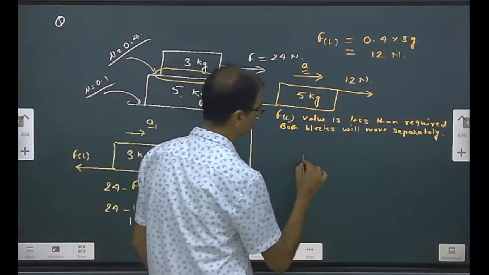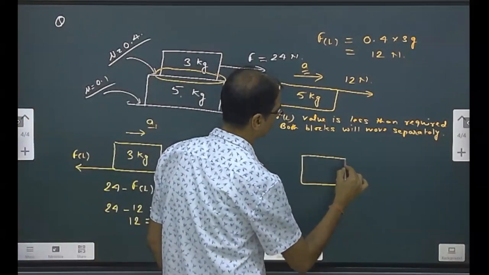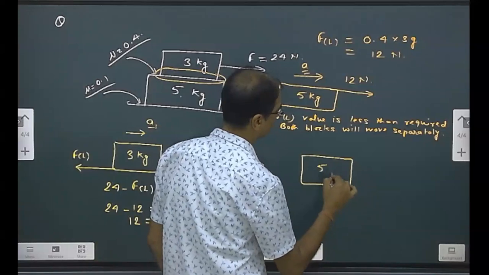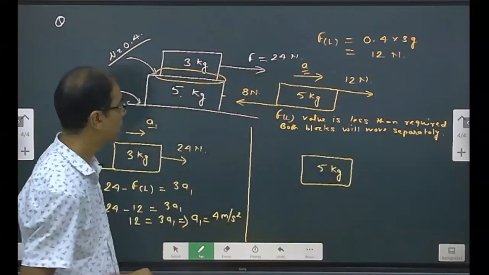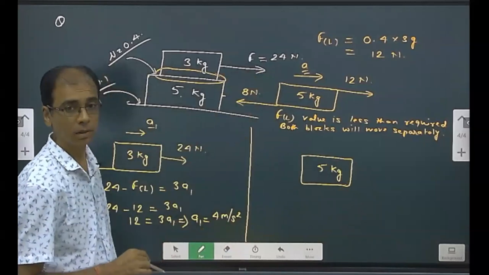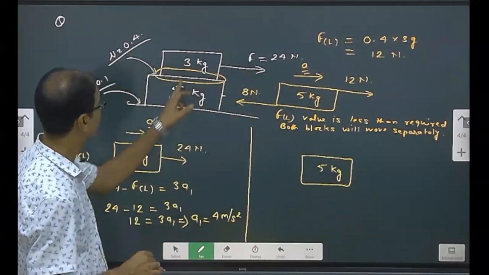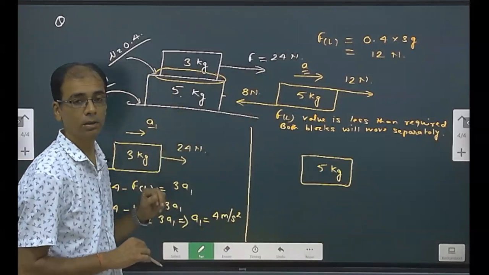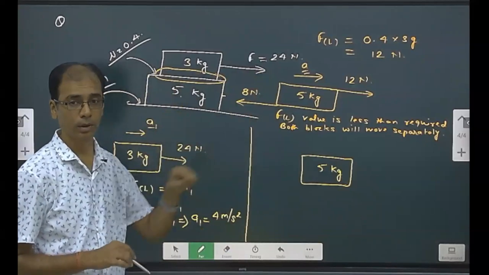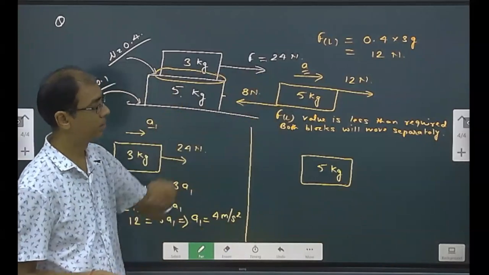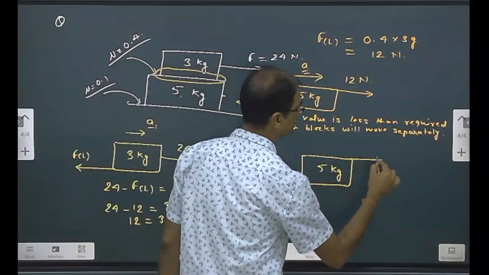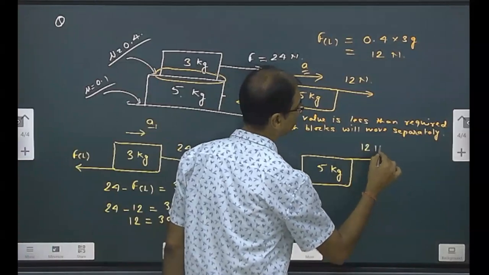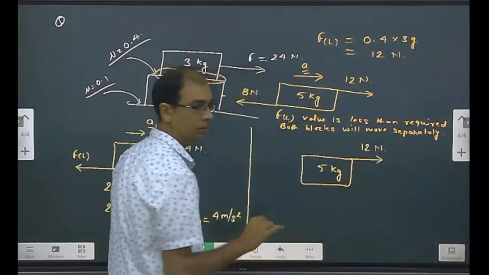Now 5 kg. On 5 kg, there is friction applied by 3 kg. Which direction? Forward. We already have that diagram. So there is a friction acting forward, 12 Newton, the limiting one.